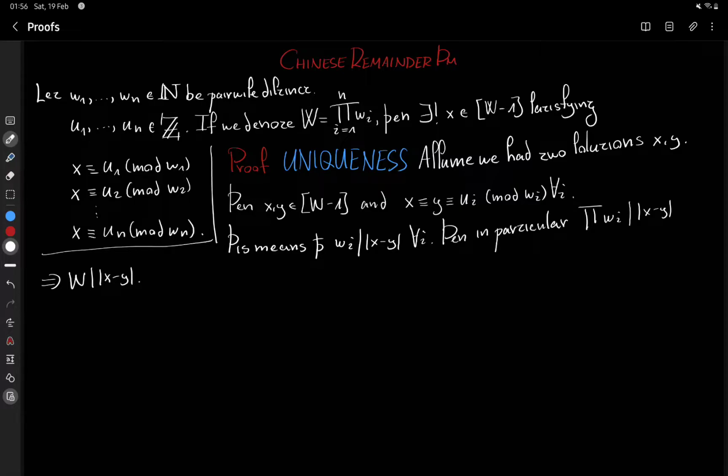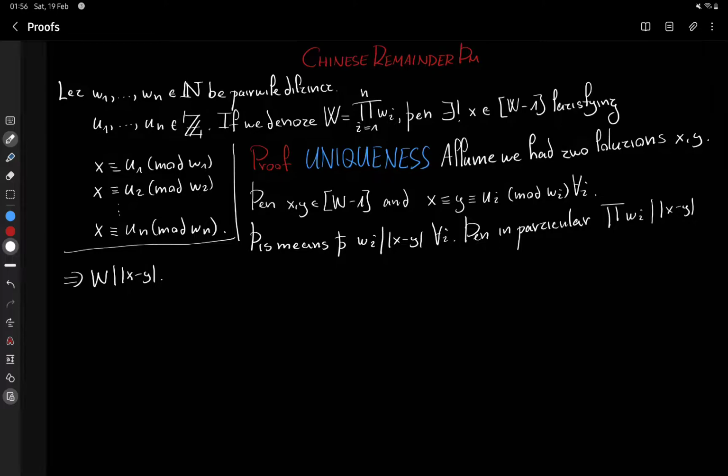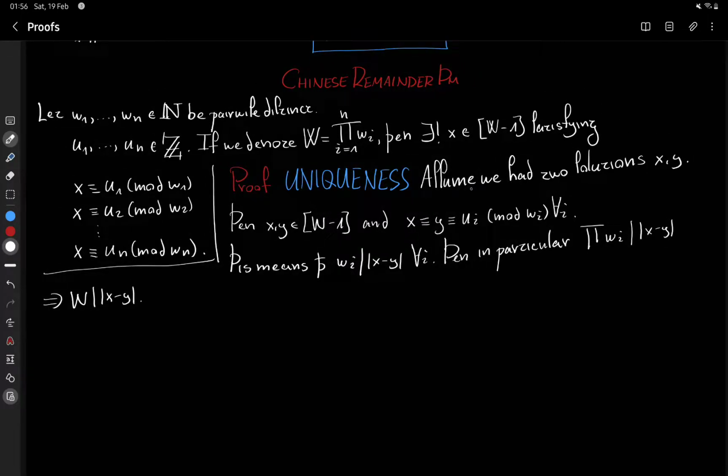But we know that both X and Y belong to the set of all positive integers smaller or equal to W minus 1. So both of them are smaller than W. So that difference is also smaller than W. So we have some large number dividing a smaller one.